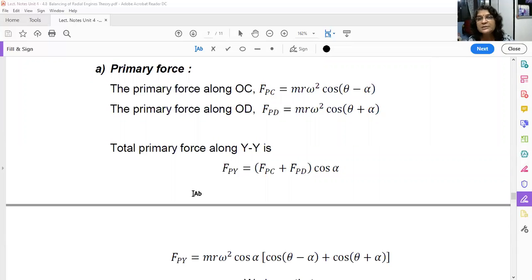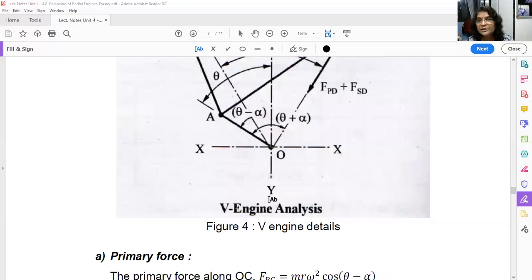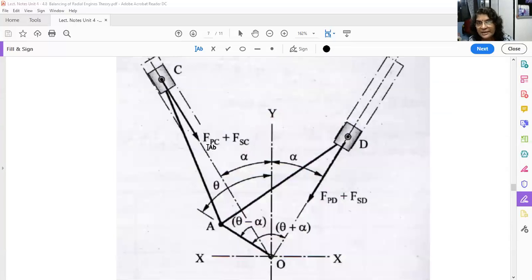Okay. Now the total primary force along YY. Let us take the component, we call it FPY, that is the primary force along the YY axis, the vertical axis. It will be the vertical component of FPC plus the vertical component of FPD. See here, it is like this.